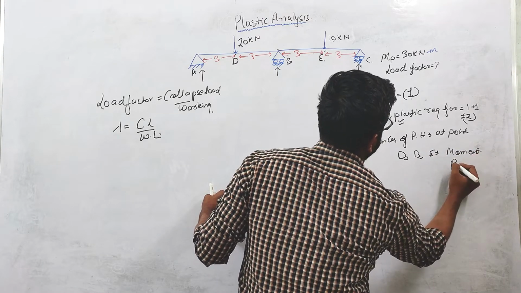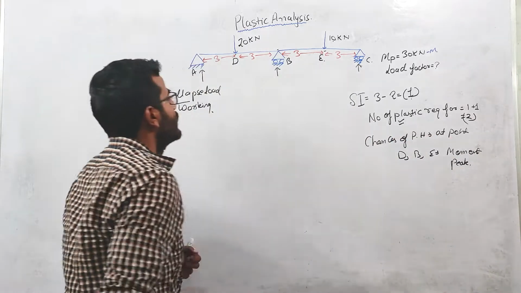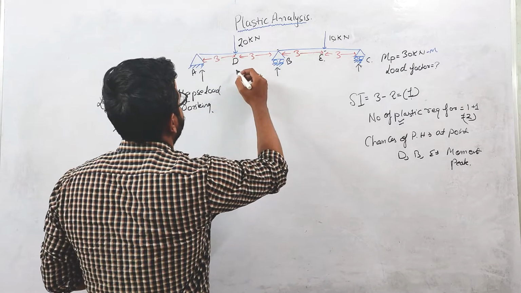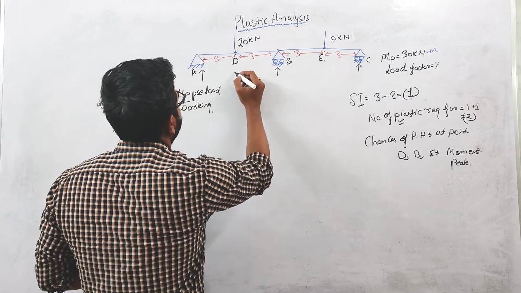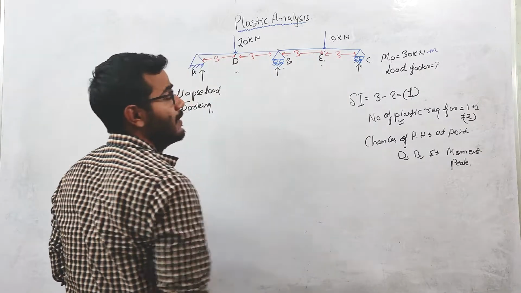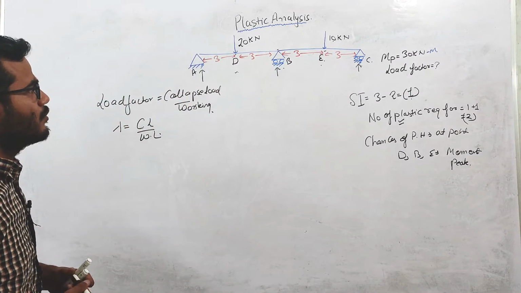If you draw the bending moment diagram, the peak of the bending moment diagram will come under this point load, at this support and at this E point.